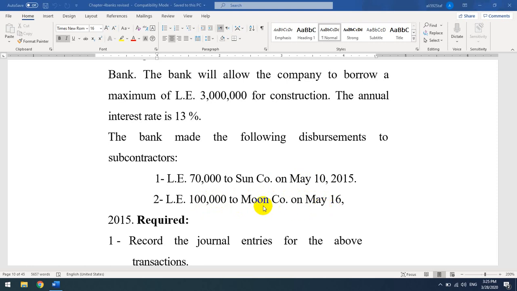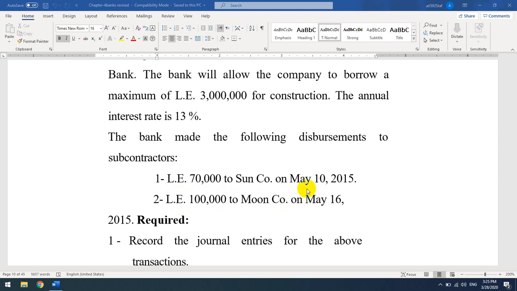Let us record these transactions. To record these transactions, we have an asset increased, which is the construction loan, by 70,000 Egyptian pound on May 10th. It's going to be debit, and cash or cashier check is going to be credit.